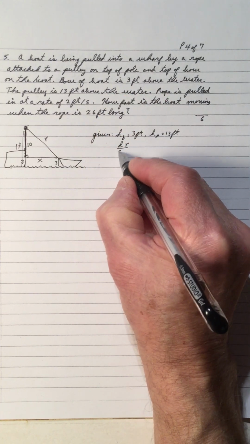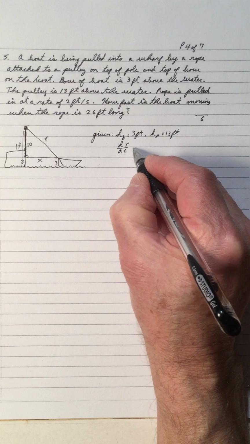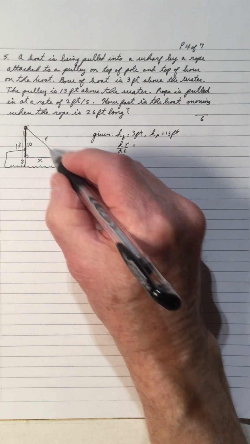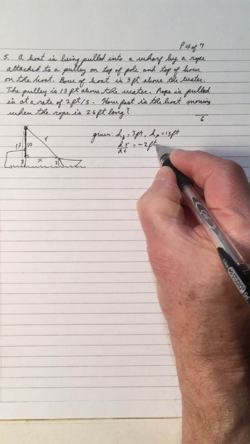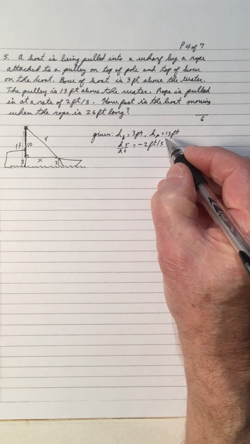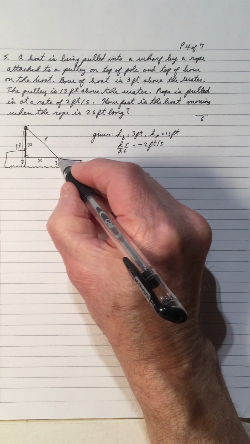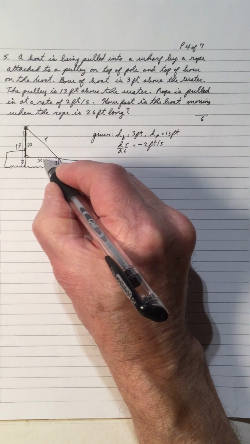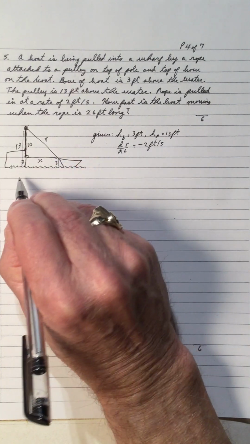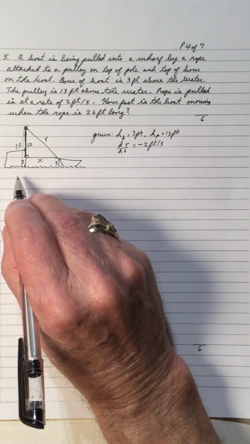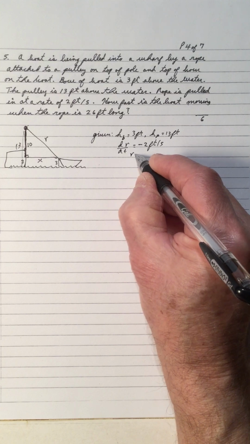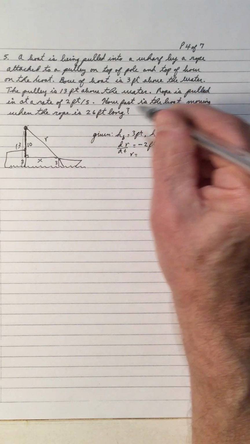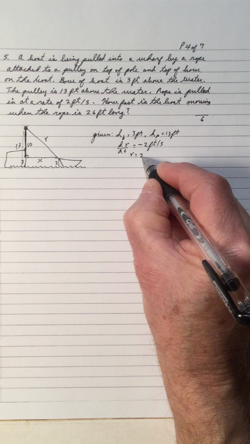So it's dr dt. When it's pulled in, the rope is getting shorter, so that's a minus 2 feet per second. That's the speed. Because as the rope is being pulled in, the boat is going along horizontally like this, and this is the horizontal distance. And the rope is going to be 26 feet long.